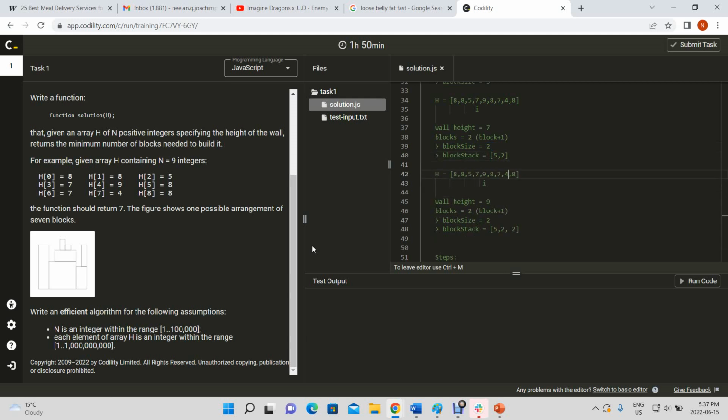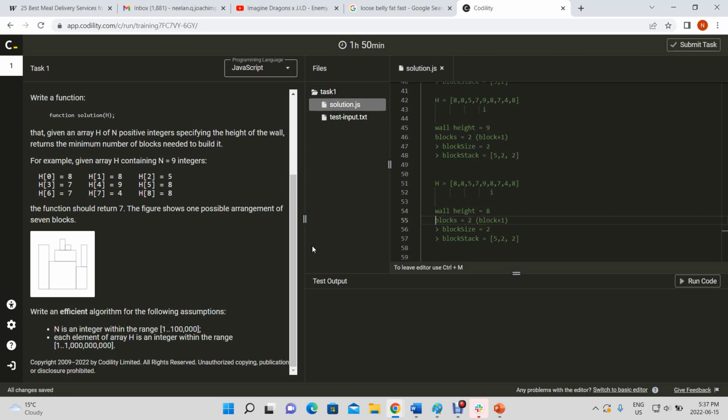Alright. And now we ran into an interesting situation. We are at the next point in the wall, and the wall height is dropped by 1. But our top block previously had a size of 2, right?